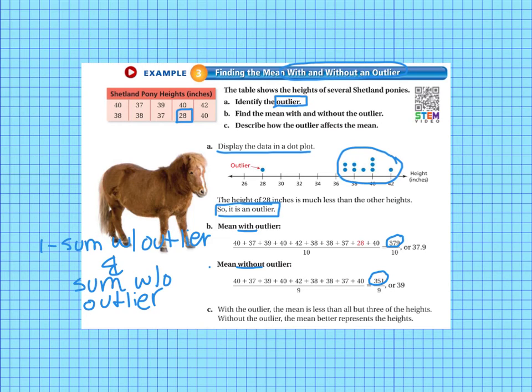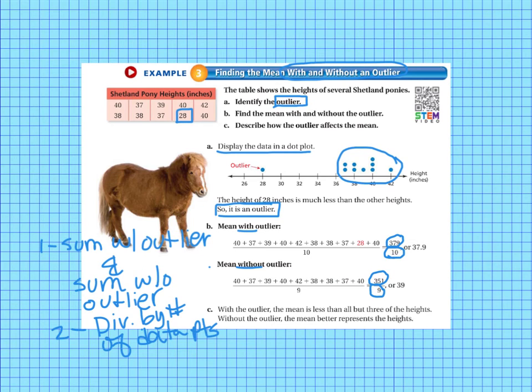And now here's the tricky part. When you're dividing by the number of data points, it changes because you're taking that outlier out. With the outlier, you have 10 data points. Without the outlier, you have 9 data points.